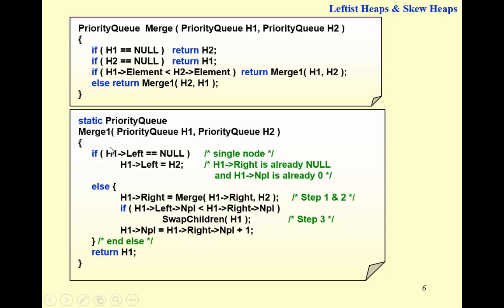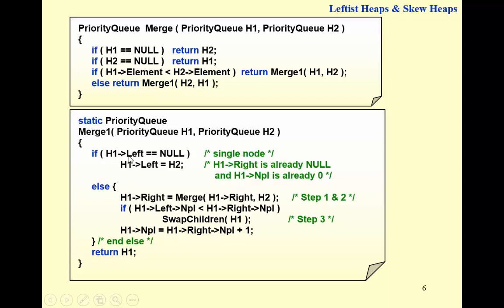Now let's enter merge1. First, there's another check. If H1 has no left child, then it must be a single node. Why? Since H1 must be a leftist tree, if it has no left child but one right child, it will certainly violate the leftist property, and therefore that's impossible.